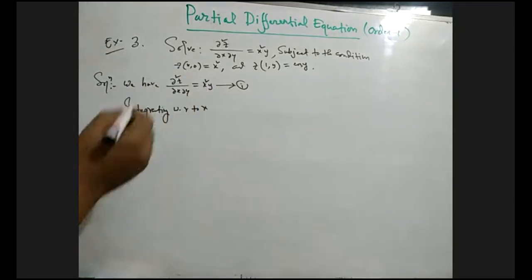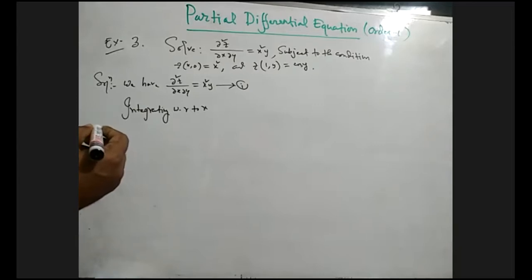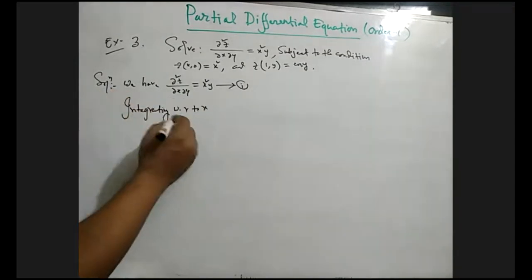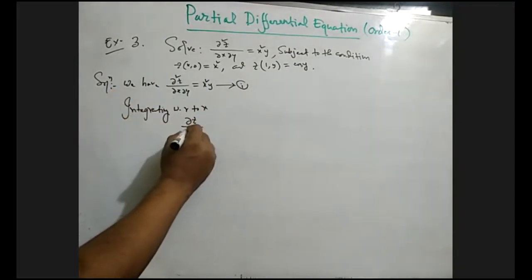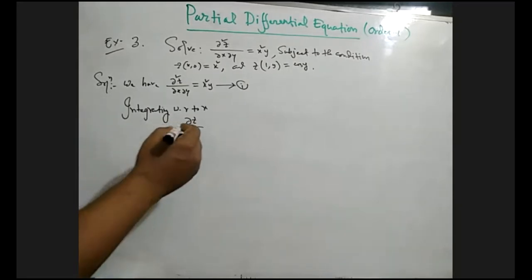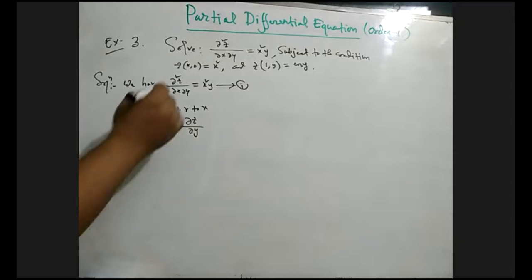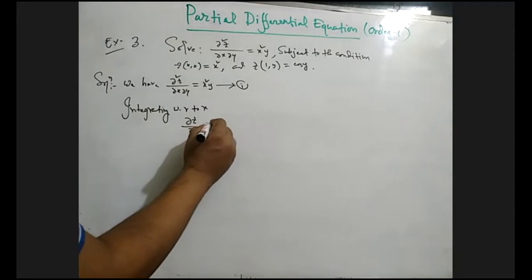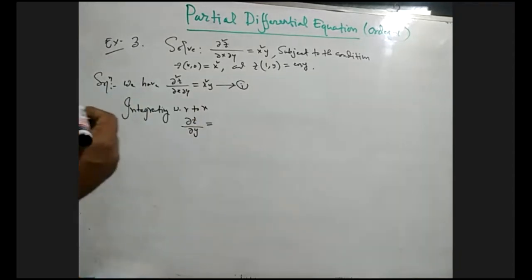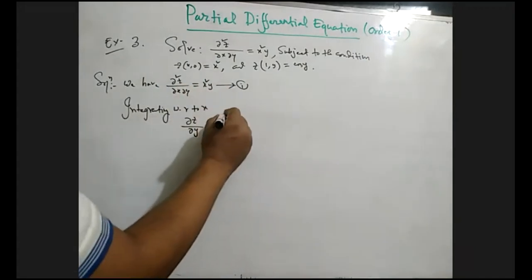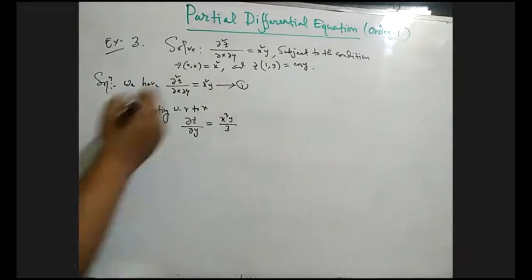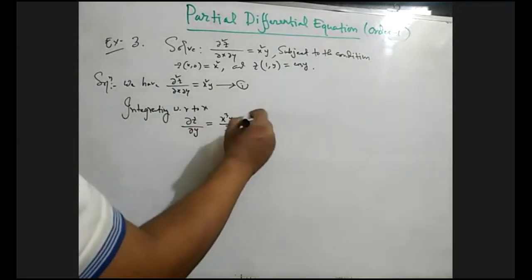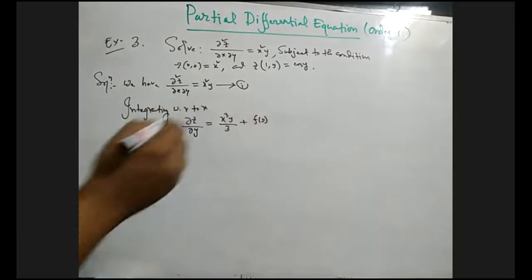Integrating with respect to x, this can be written as del z by del y equals the integral of x square, which is x cube by 3, with y treated as constant, plus an integral constant, which will be a function of y, because y is constant here.